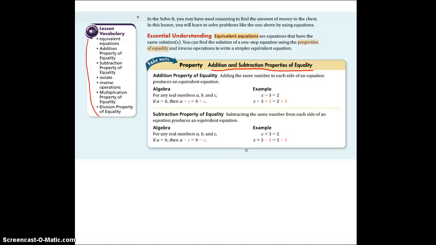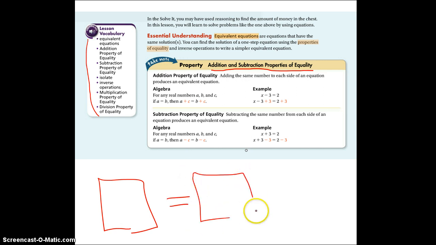So the essential understanding: equivalent equations. The essential piece is that player one had this much money, and it was the exact same amount as player two. They were equivalent amounts of money.